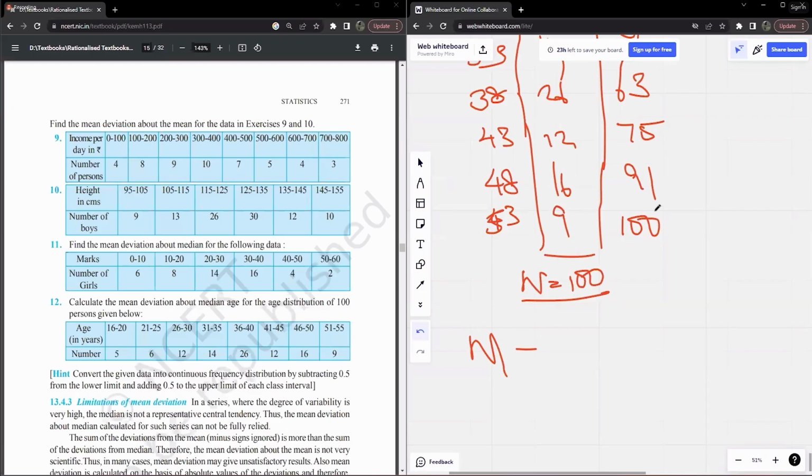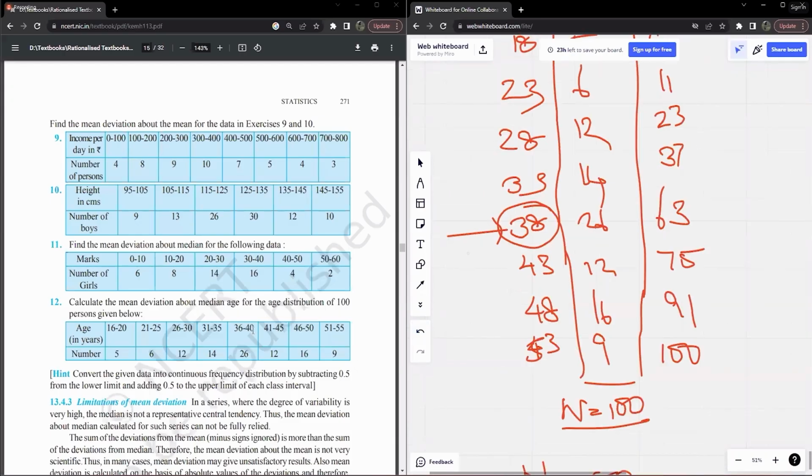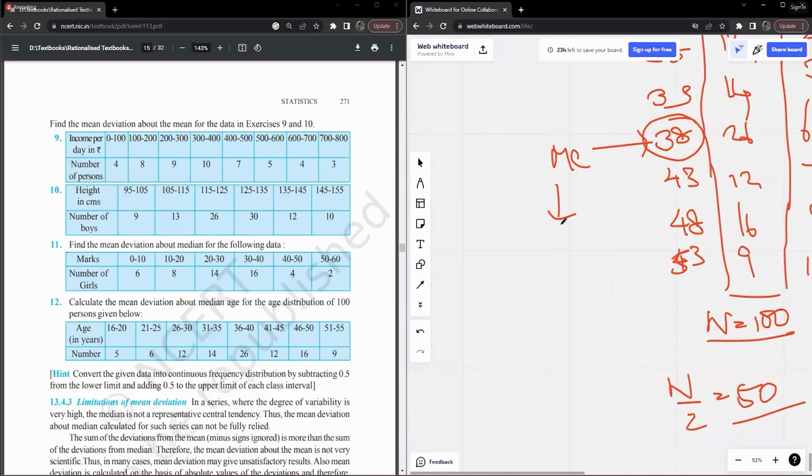The median class is basically the class having the midpoint 38, which is this class, where you have to subtract 0.5 from the lower limit and add 0.5 to the upper limit. So the class is basically 35.5 to 40.5. It's not 36 to 40, it's 35.5 to 40.5.